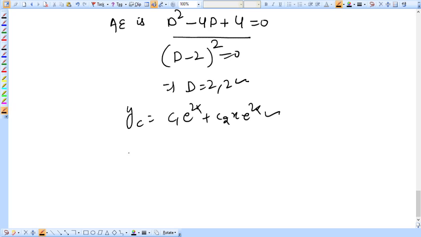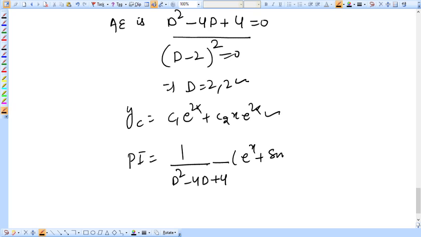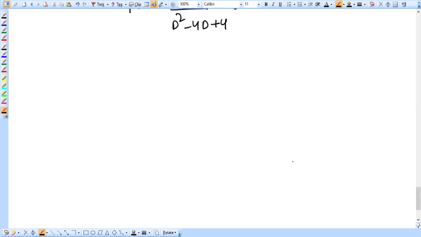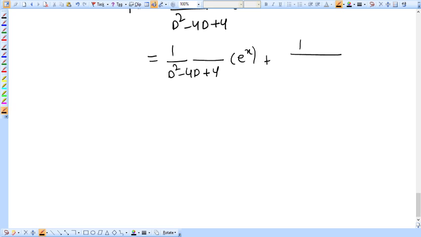Now let us try to find the particular integral, which is equal to 1 over d square minus 4d plus 4 times e^x plus sine 2x. So it is equal to 1 over d square minus 4d plus 4 e^x plus 1 over d square minus 4d plus 4 sine 2x, right?